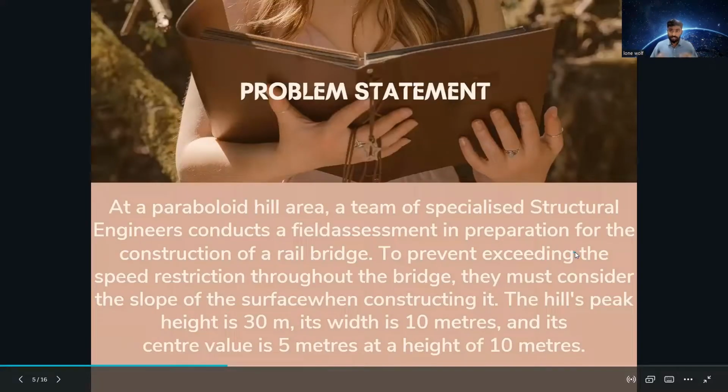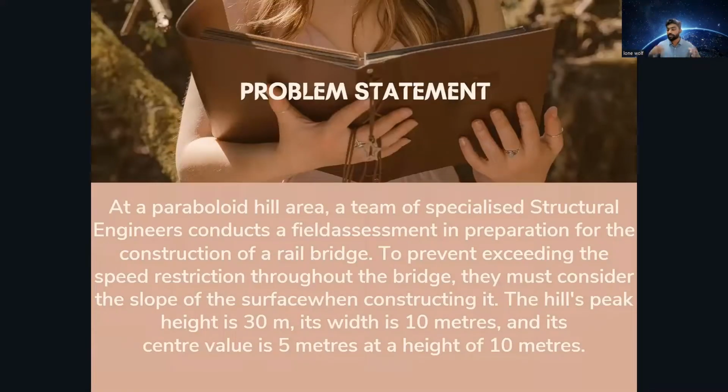So let's take a look at the problem statement. What are we going to overcome? So first we have to know the problem. At the paraboloid hill area, a team of specialized structural engineers conducts a field assessment in preparation for the construction of a rail bridge. To prevent exceeding the speed restriction throughout the bridge, they must consider the slope of the surface when constructing it.